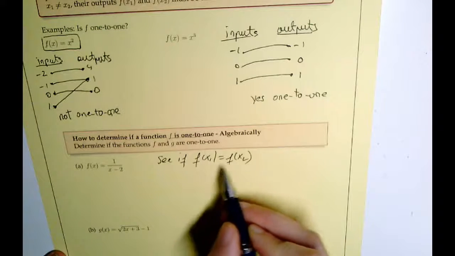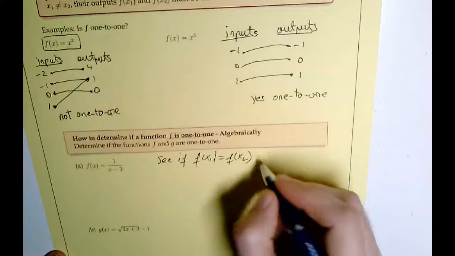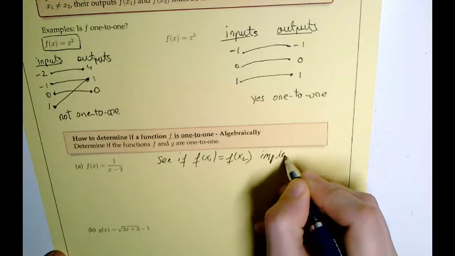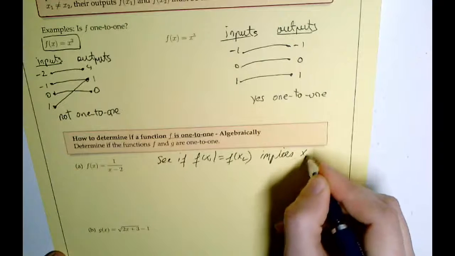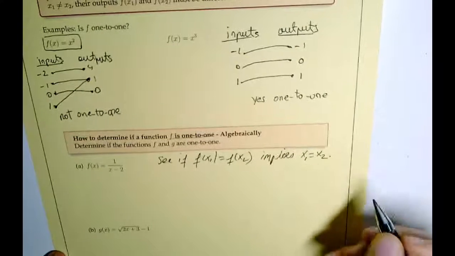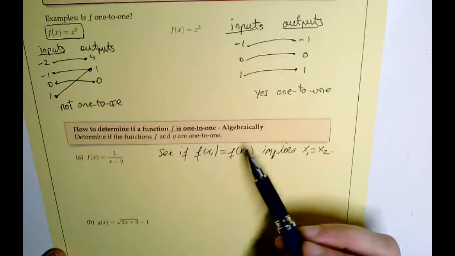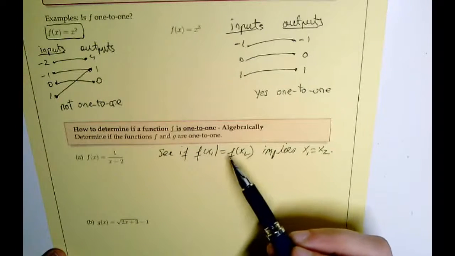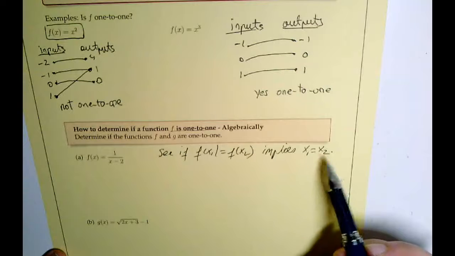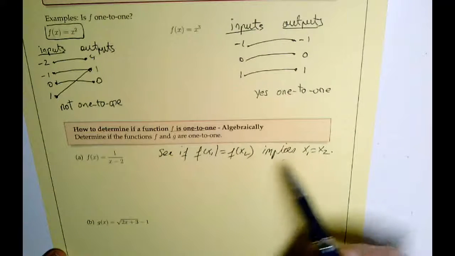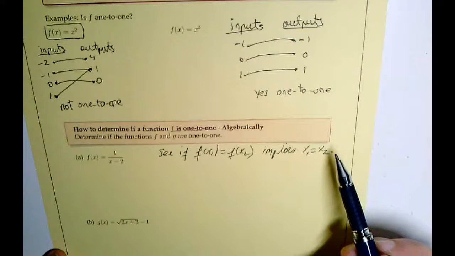They must have come from the same input. So see if f of x1 equals f of x2 implies that x1 equals x2. So what we're saying here is, if I have two equal outputs, their inputs must be the same. Or else, if it's not the case, then it's not a one-to-one function.